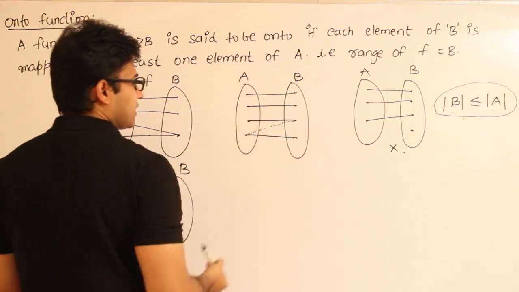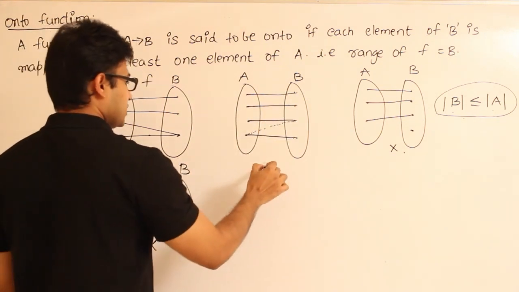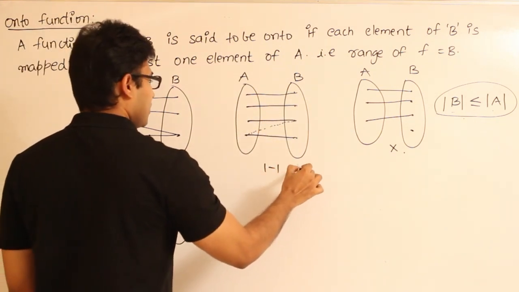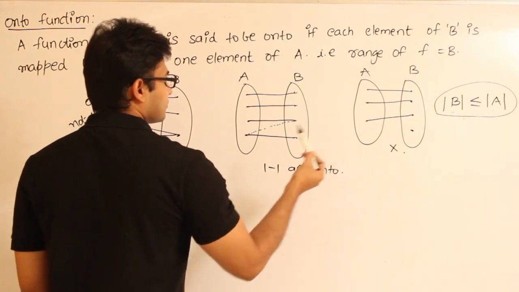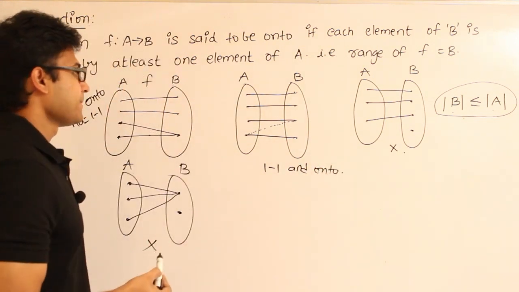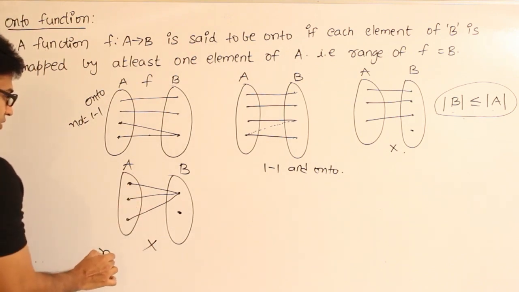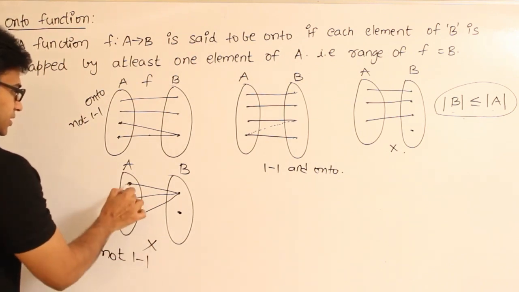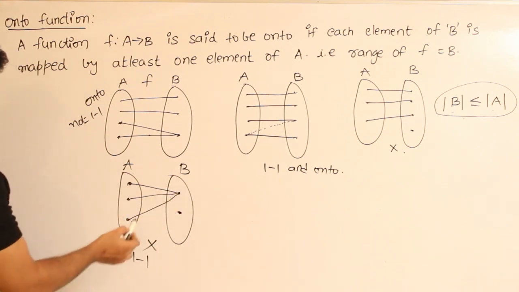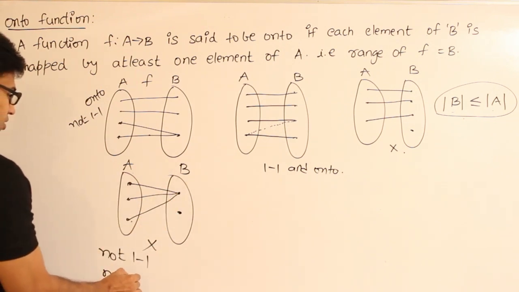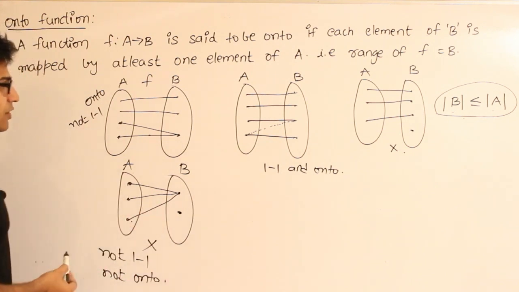And what about this one? This is an example of a function which is one-to-one and onto. Got it? Now what about this function? This is an example of a function which is not one-to-one because many elements have the same image, and not onto as well. Got it?